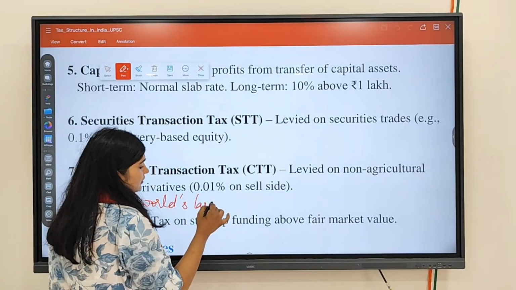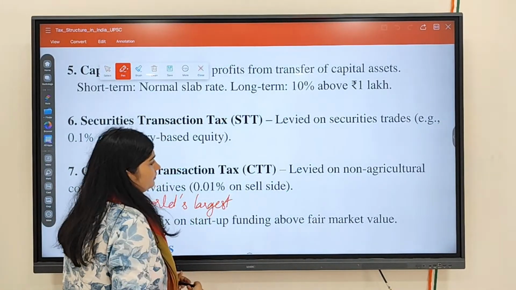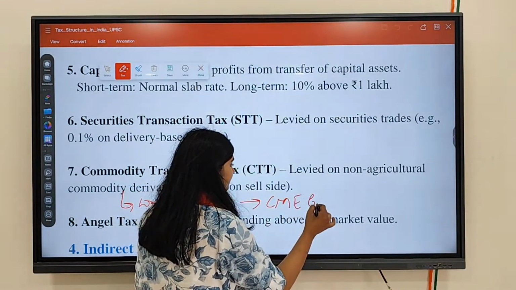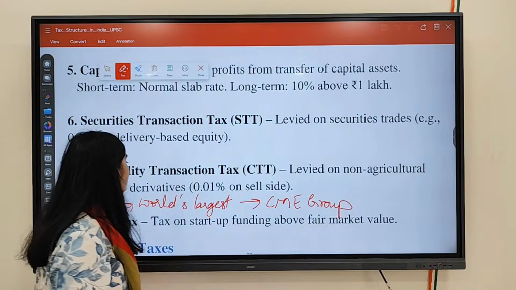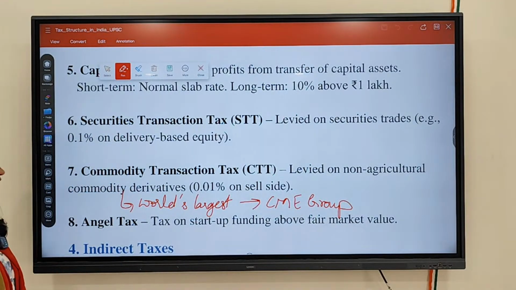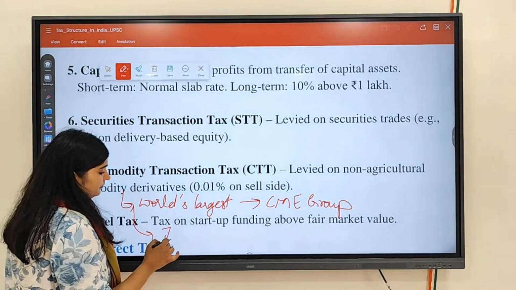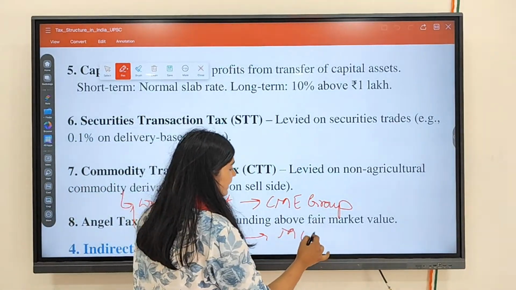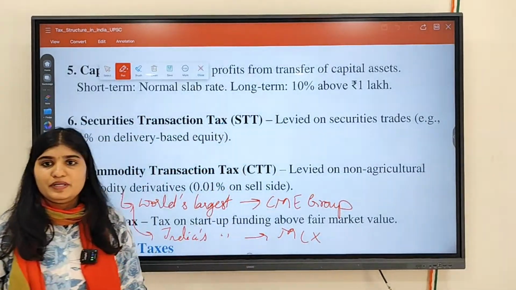World's largest commodity exchange is CME Group. But in case of India, India's largest is MCX, Multi Commodity Exchange.